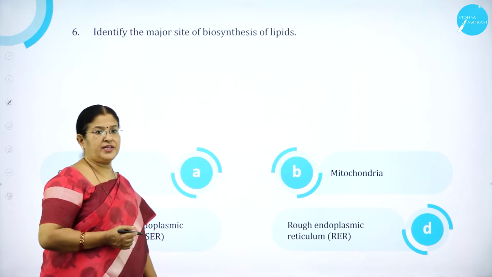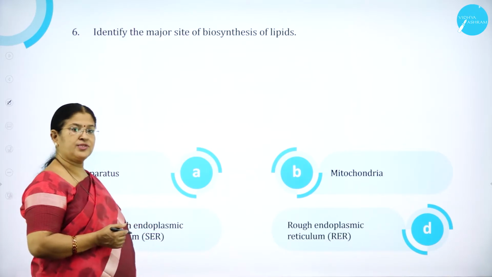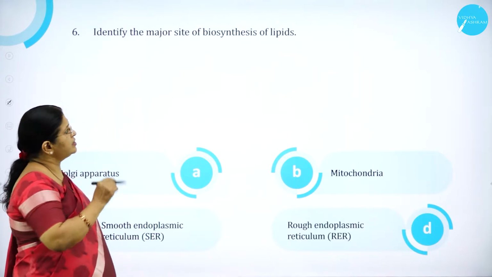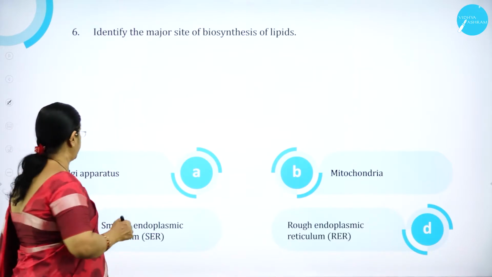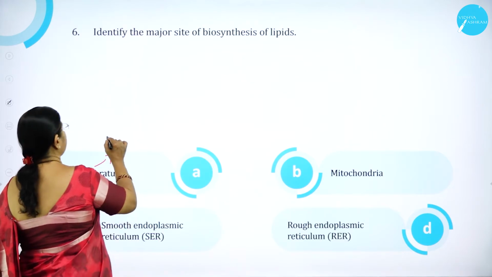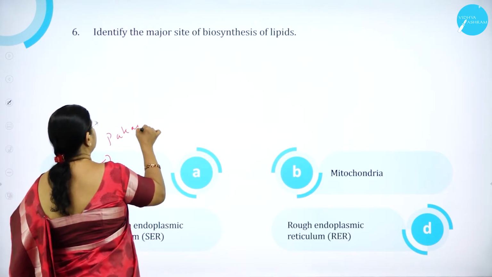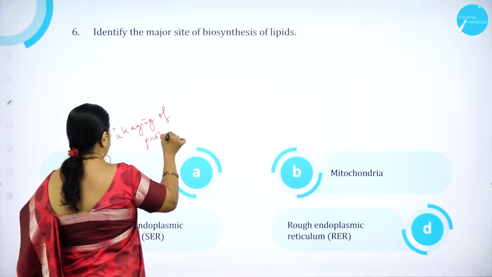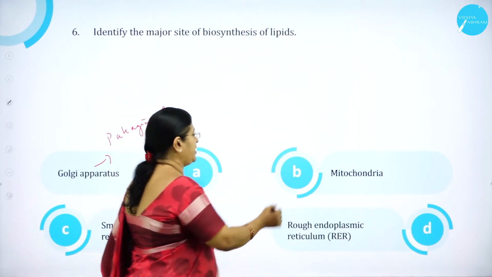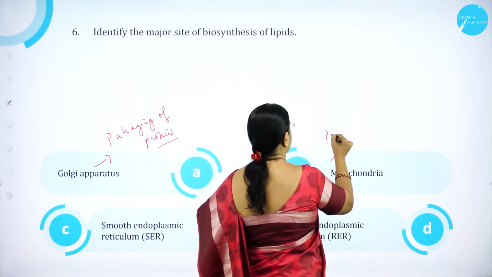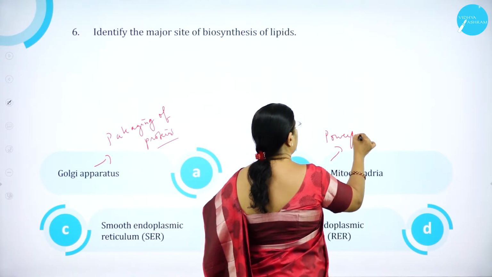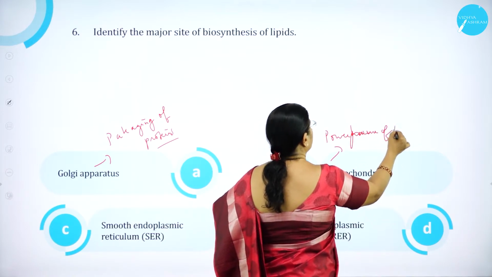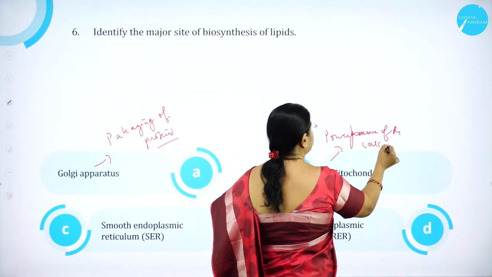So identify the major site of biosynthesis of lipids. Which is the site where lipid is synthesized? Golgi apparatus is mainly involved in packaging of proteins. B, mitochondria, all of you know, it is the powerhouse of the cell, generates energy.